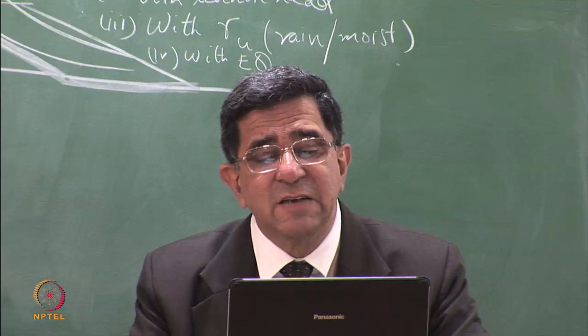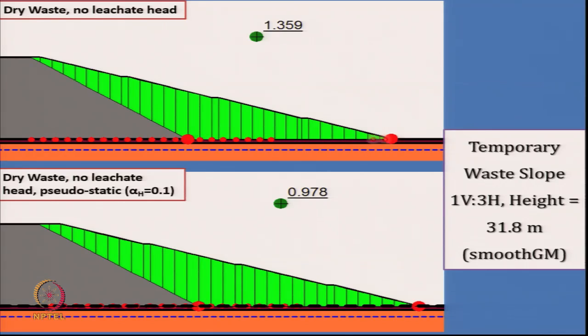We just said let's now put the delta 10 degrees here and now convert the problem into a two wedge problem, right? And this is smooth geomembrane, 3:1, dry waste, no leachate head, 1.359. Since it is temporary slope, 1.3 is acceptable.